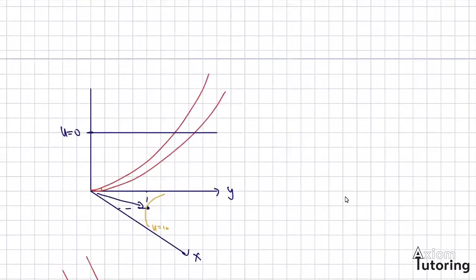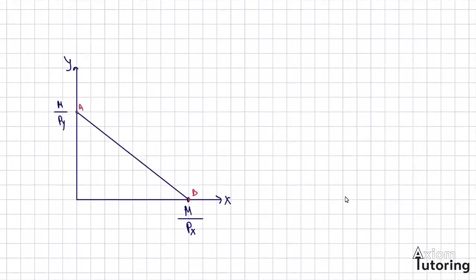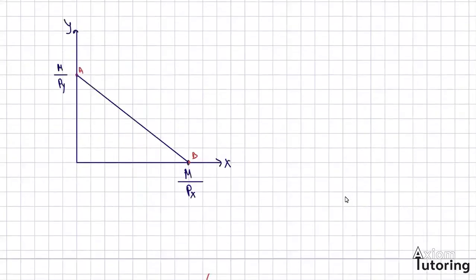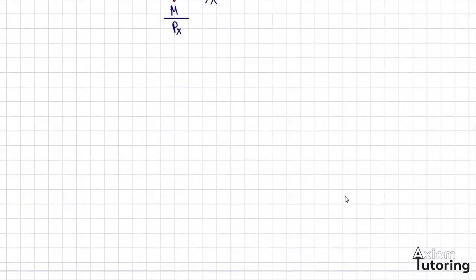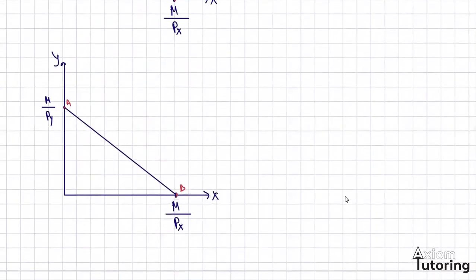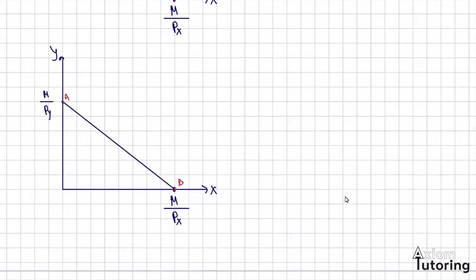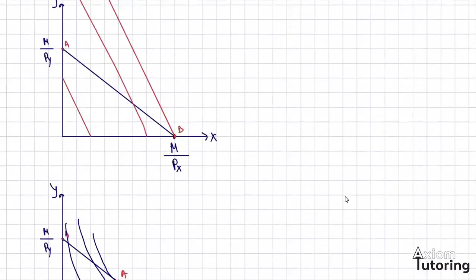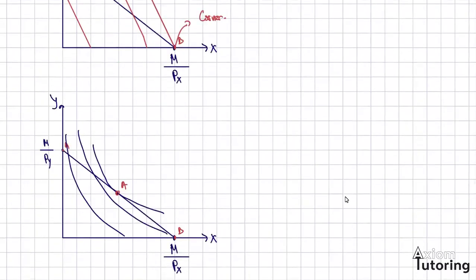Another version, if I copy this, could be that they look nice and smooth like this. If they look like this, maybe we're going to get an interior solution. It's not on the corner of the budget constraint. This would be a corner solution, so at the corner one of these variables is 0. And this would be an interior solution.